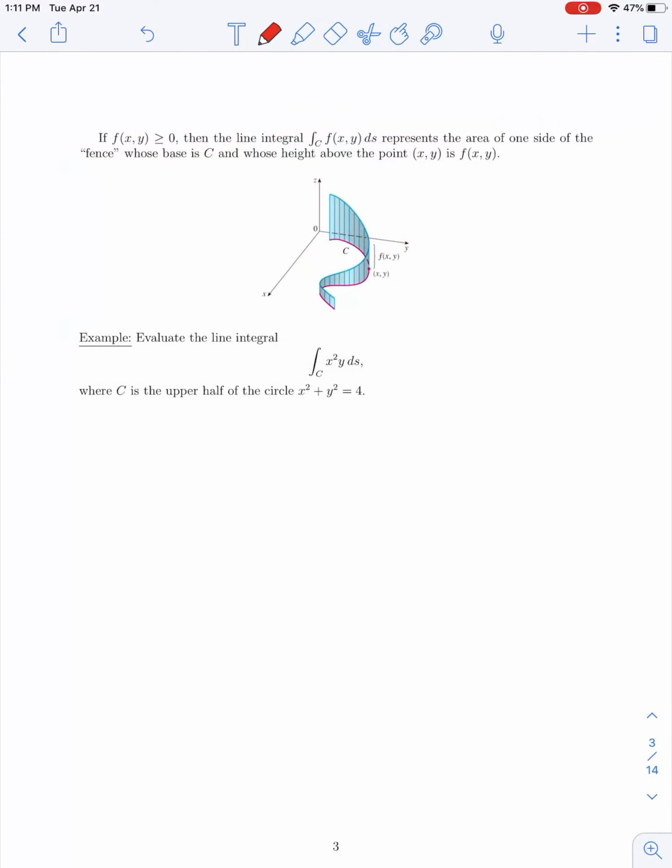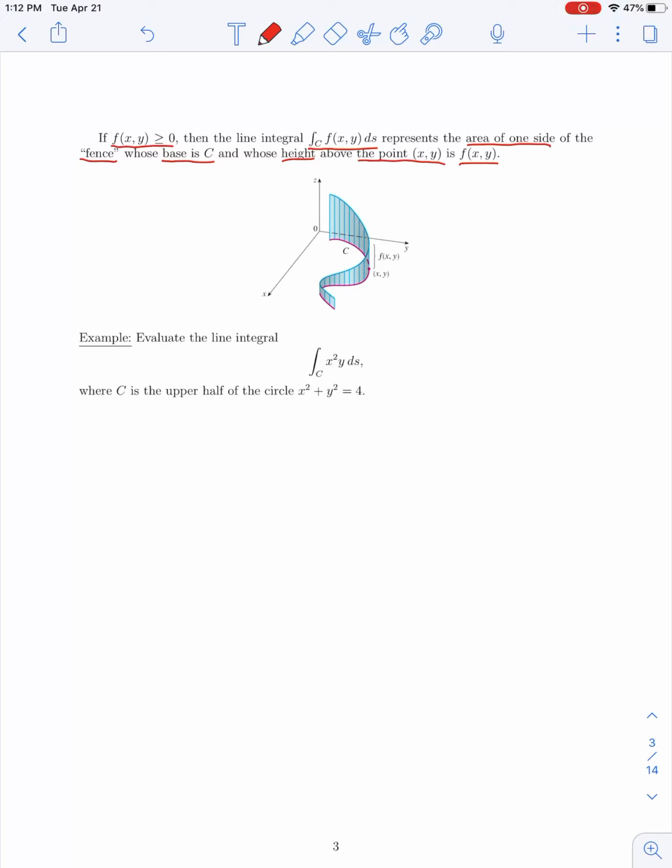So here, if we have a function f of xy, which is non-negative for points over our curve, then this line integral of our function f of xy over the curve C with respect to arc length represents the area of one side of, we can think of it as a fence or a curtain, whose base is our curve C in the xy plane, and whose height above a given point xy on that curve is the value of our non-negative function, f of xy.